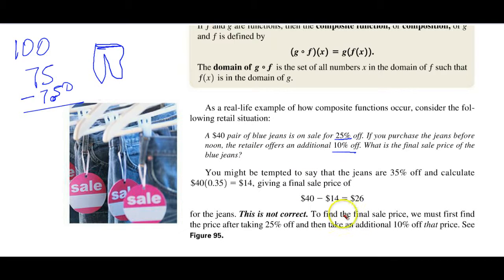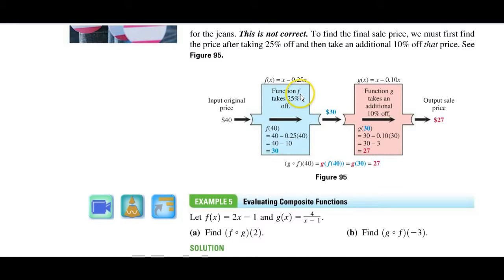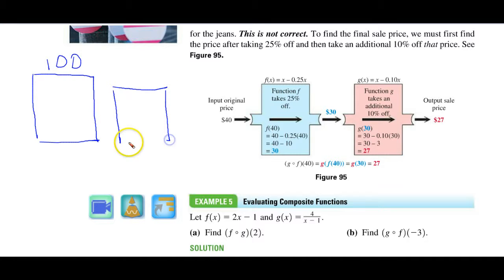So it's not quite 35%. Keep in mind, that is not correct up here, and the way we said it was correct. All right, let's look at some examples. Okay, and here it looks a little complicated, but it's just showing you what we've done. So let's use our $100 one here. So this is the $100. You got 25% off. You now have $75.